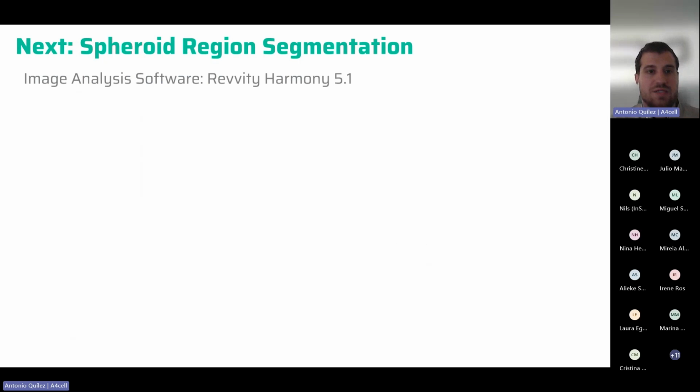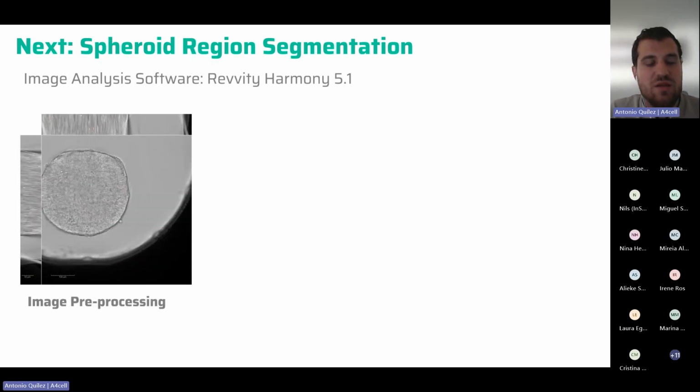So the next thing that we wanted to know is analyzing if the penetration of the chips was good at all the levels, and comparing the different models that we had, adding the chips during aggregation or at later stages. And for this, we wanted to do some kind of more complex image analysis, and try to segment the different regions.